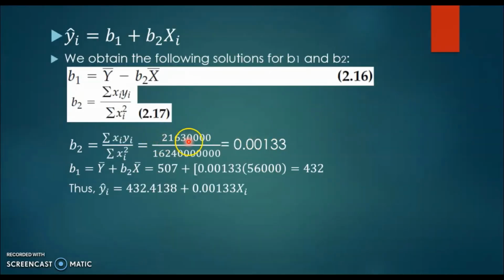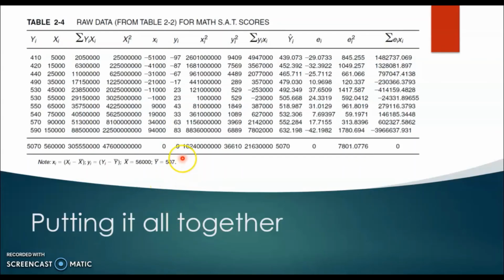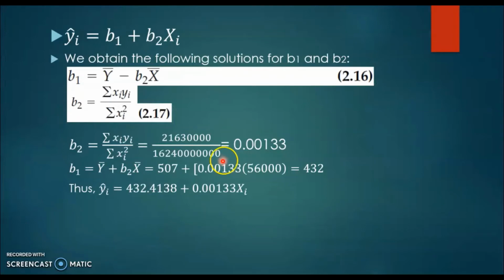So we put that same value as the numerator. And we also know that the sum of squared x, by referring to the same table, is equal to 1,624,000,000. So we put that same figure, in this case, as the denominator.